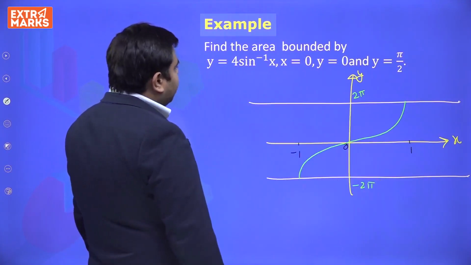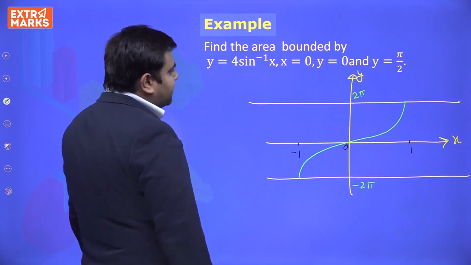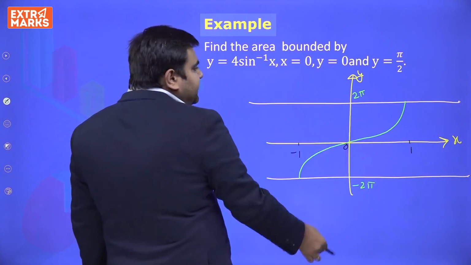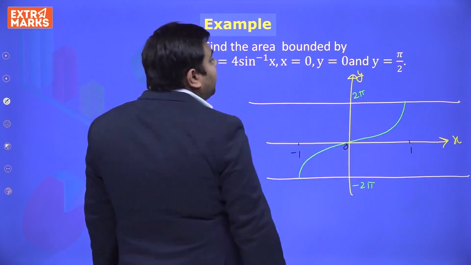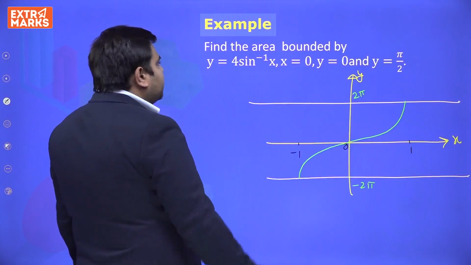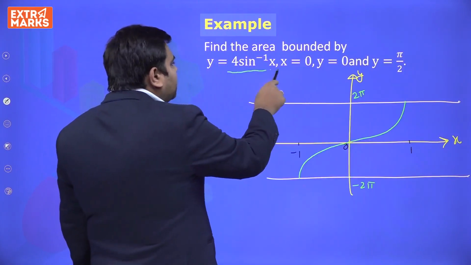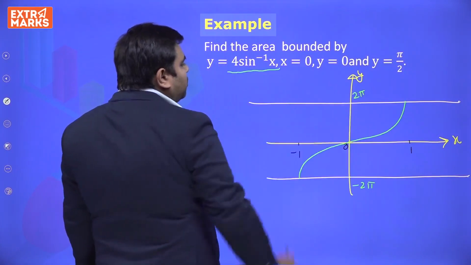Now we need to calculate the area bounded by 4 sine inverse x. X equal to 0 means the y-axis, between y equal to 0 and y equal to pi by 2. But since this is 4 sine inverse x, this is not pi by 2, rather this would be 2 pi.